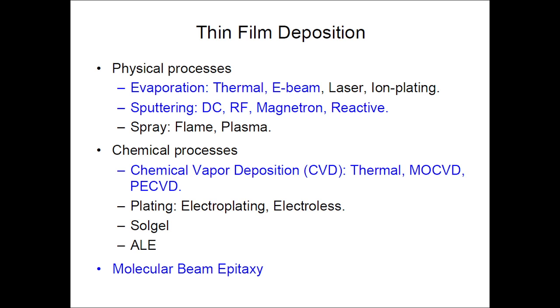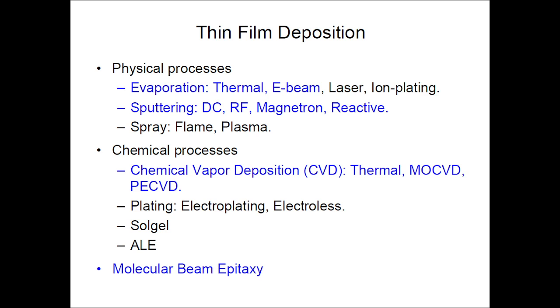There is another physical deposition technique called sputtering. In sputtering itself, you can utilize different sources: DC source, RF oscillator source, magnetron source, and reactive sputtering also. Then there is also a process called spray pyrolysis, where we will be using flame and plasma.